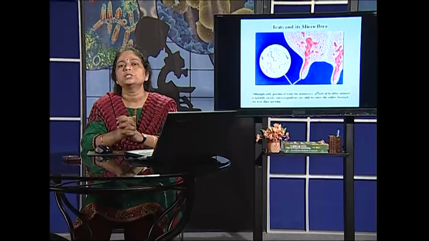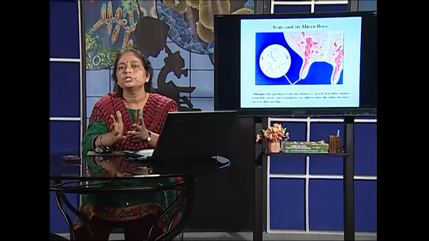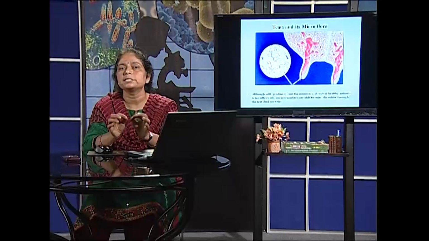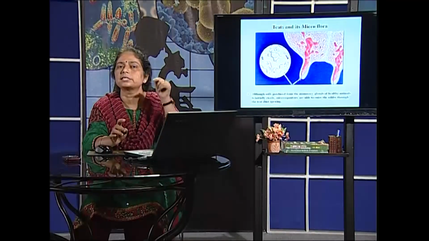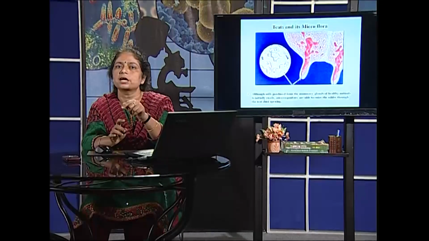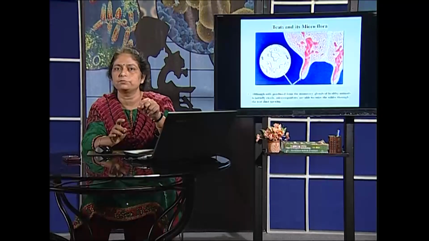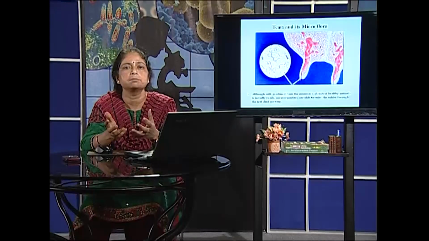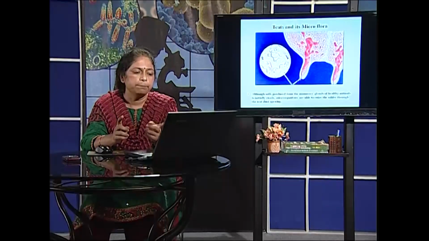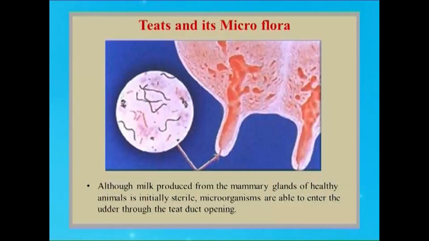Now, what about the composition of the microbes present in the milk? We have learned about microorganisms invading the tissue because they come from the intestine or because of physiological states and many other factors. What about the microorganisms present in milk? Actually, the milk is produced from the mammary glands.